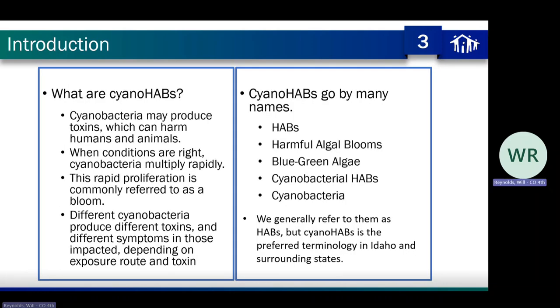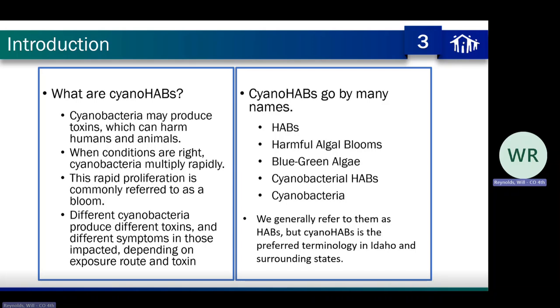So at this point, you may have noticed that I've referred to the subject of this presentation in a couple of different ways, both as cyanoHABs and as HABs. So the cyano comes from cyanobacteria, and these are essentially what compose HABs.